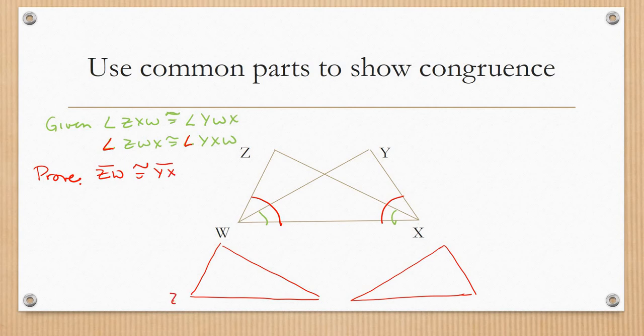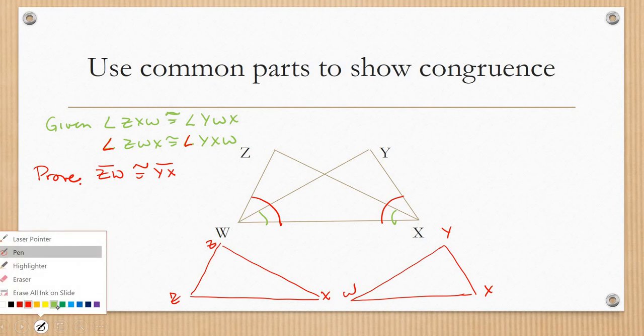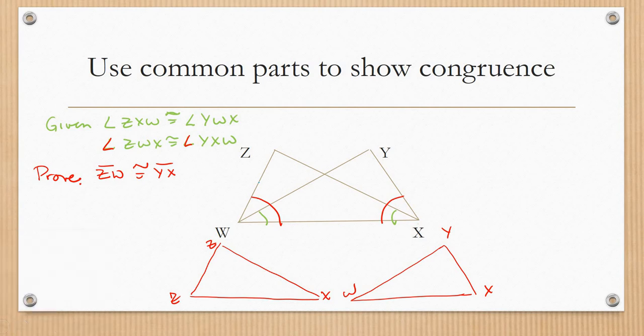So WZX, WYX. What I want to prove is that this is congruent to this. That's what I'm trying to prove. I'm not matching my colors very well today, am I? So that's my prove.